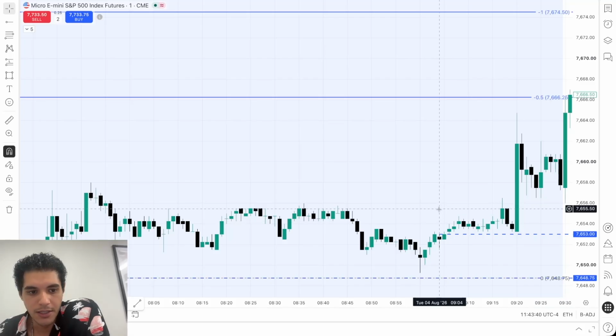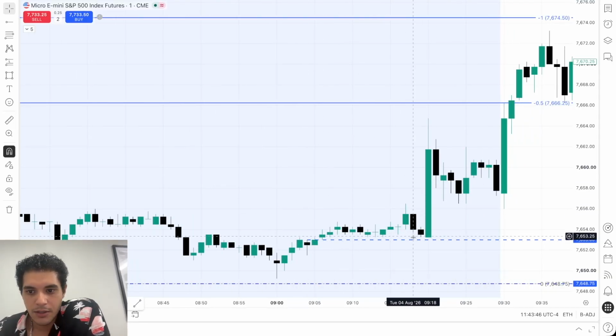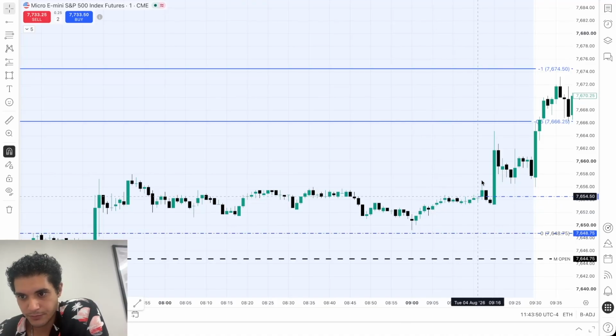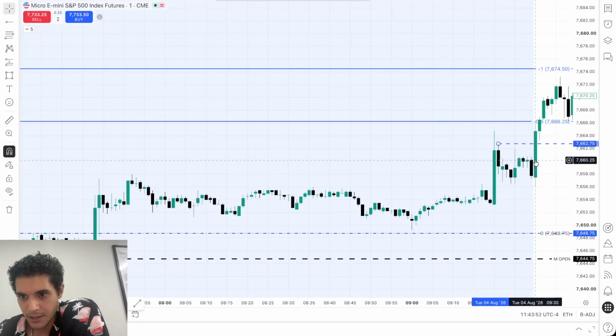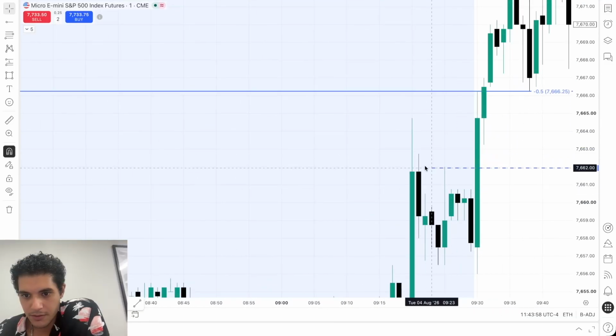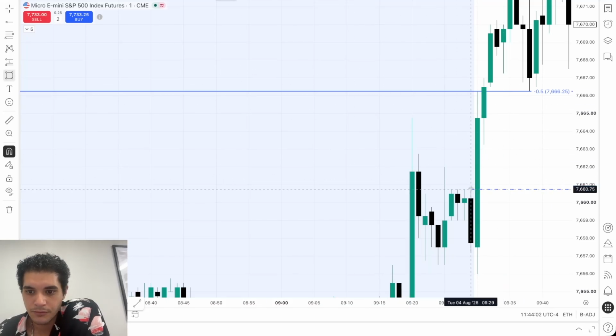how do you trade this? Well, now that you're getting into New York market open, you have bullish order block down here, bullish order block up here, but let's use this one. What's this?